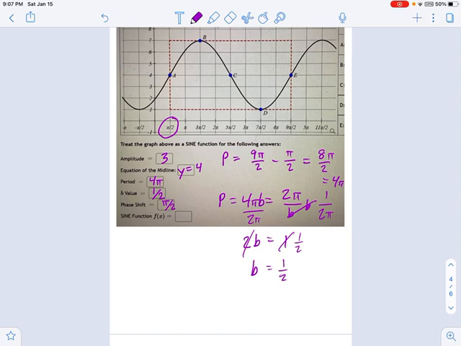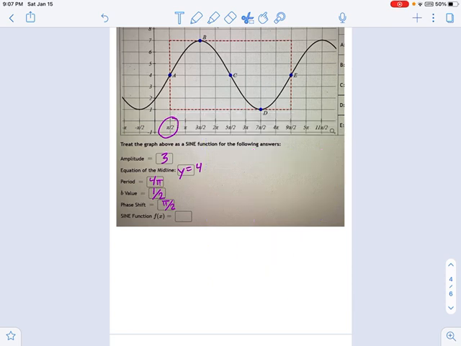And now comes the point of all this. I want an equation which describes all of these parameters. So if we look at our standard form, y equals, what was it? A times sine of b times x minus the phase shift, plus the midline. We just pop those in here.